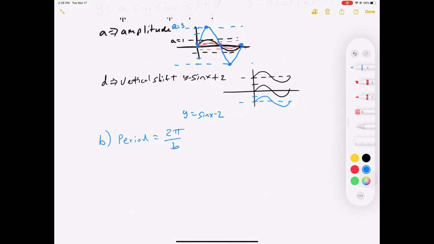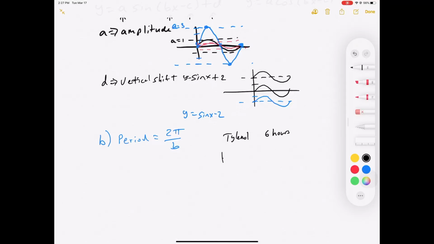Now, the way I like to talk about period is how long your interval is. Let's say you're taking some Tylenol, and the bottle says you take it every 6 hours. Is that the period or the frequency? This is the period. This is how long the interval is.